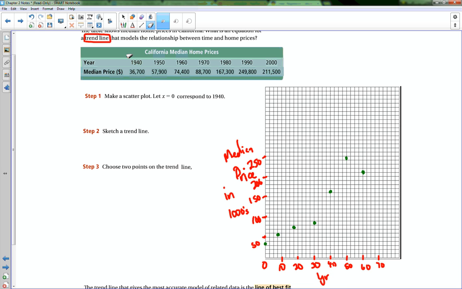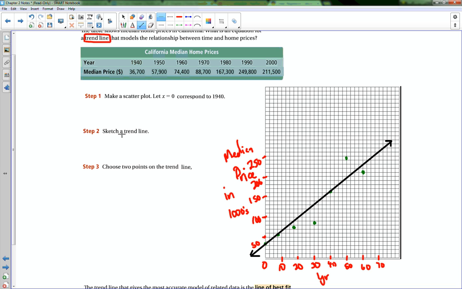So 0 is 1940, 10 is 1950, 20 is 1960, so we increased by there. So if my data was following more tightly to this line here, I would have a strong positive correlation, but it kind of veers off. So I would say that this is a weak positive correlation.